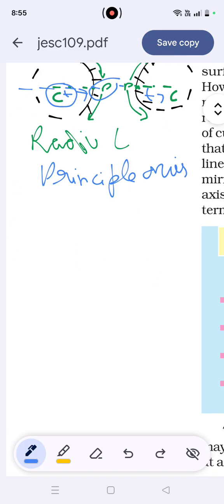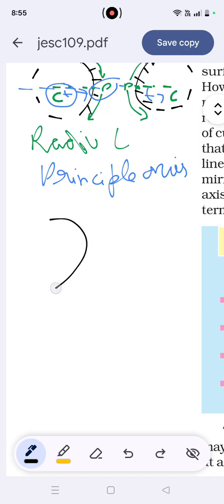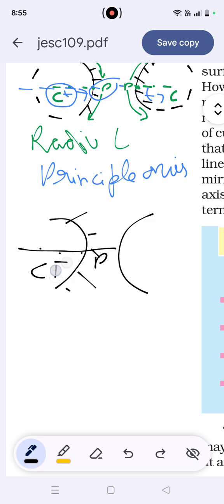For the focus I need another mirror. So P is the pole, this is C, this is F. This will be F.